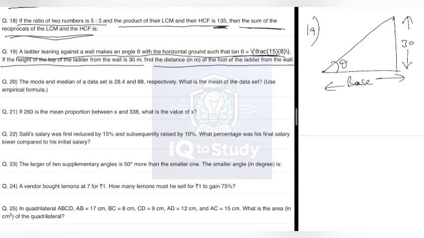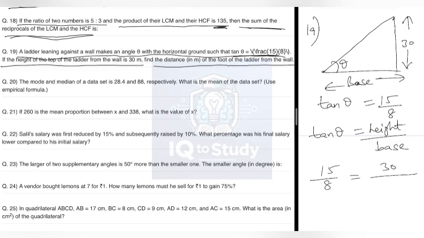In the question, tan theta is given as 15/8. By observing the diagram, we can use the formula tan theta is equal to height/base.